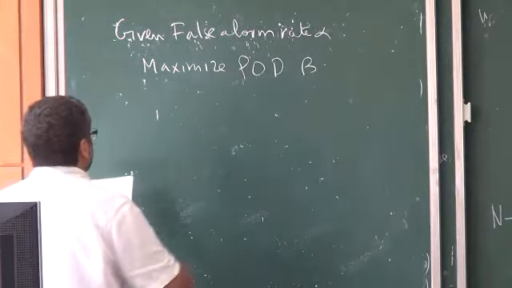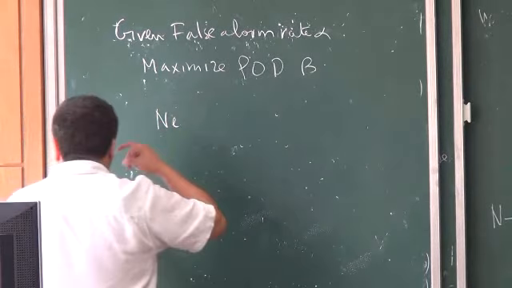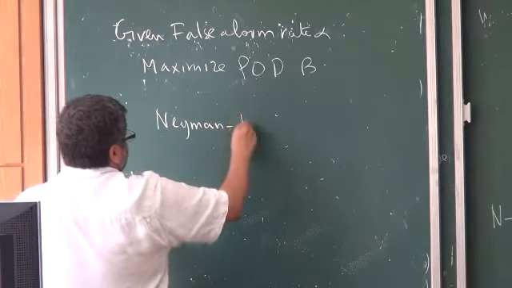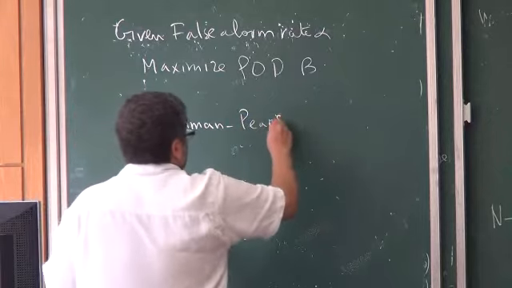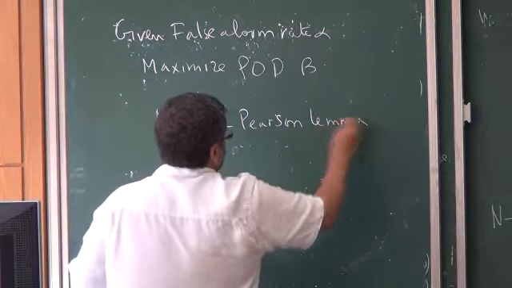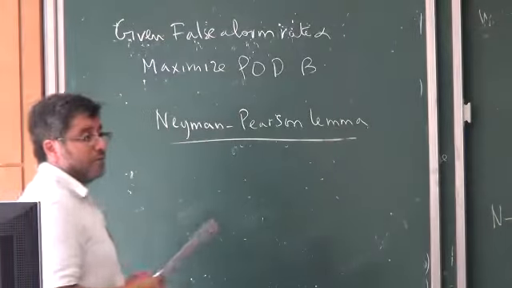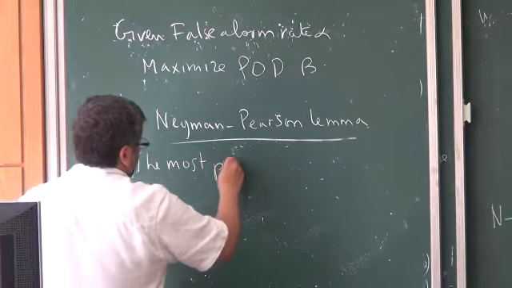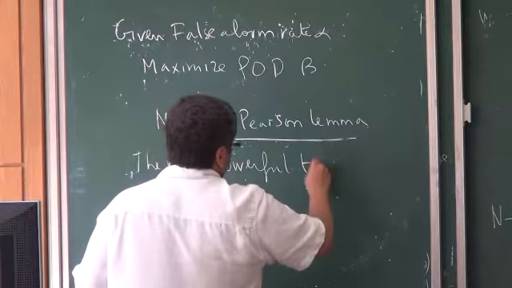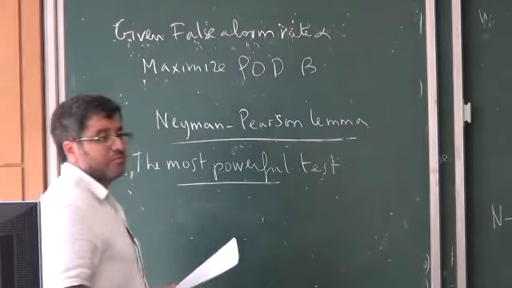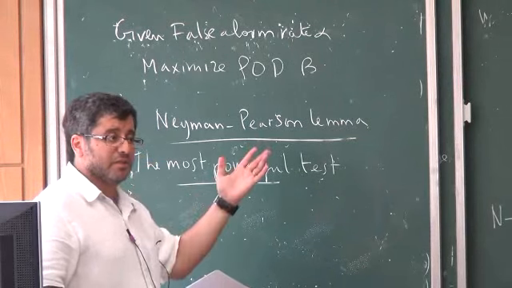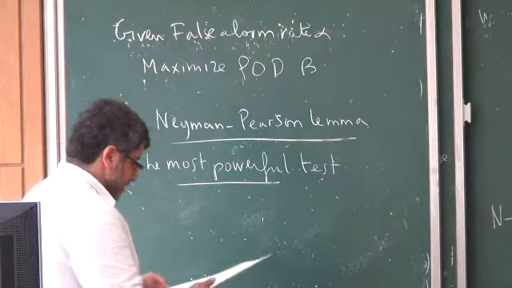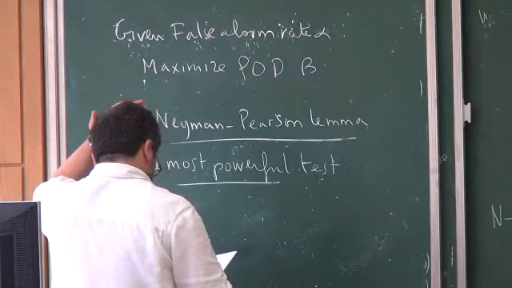And actually there is a fundamental lemma in statistics. It's called the Neyman-Pearson lemma. It says the following: the most powerful test is the test that maximizes the probability of detection for a given false alarm rate.